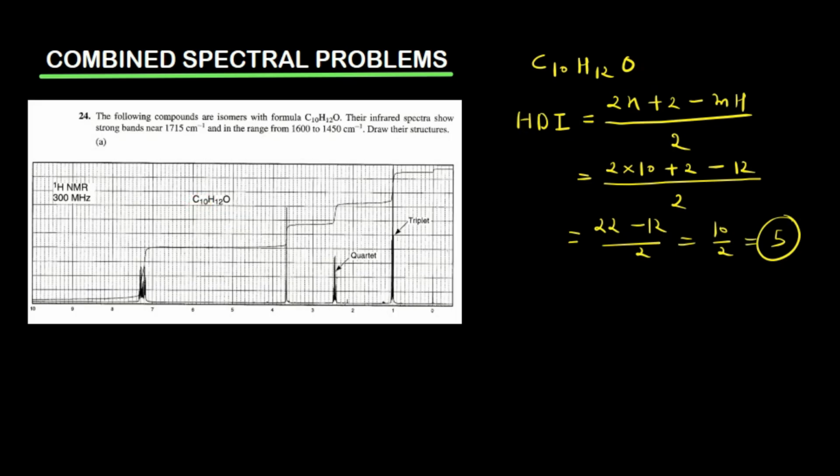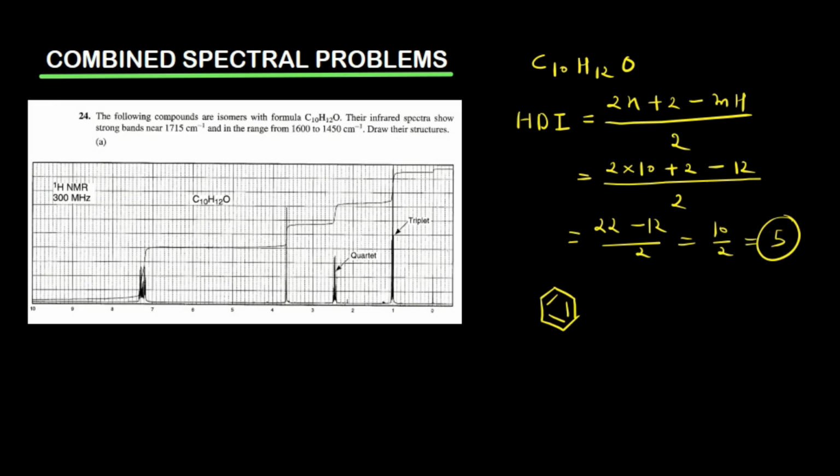And the signal at 7 ppm is also suggesting that one benzene ring is there. Okay, and if you write one benzene ring and put 3 double bonds in the ring, this completes the hydrogen deficiency index of 4. 3 double bonds, 1 ring, 3 plus 1, 4. You are left with 1 hydrogen deficiency index.